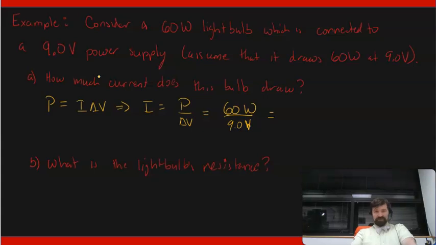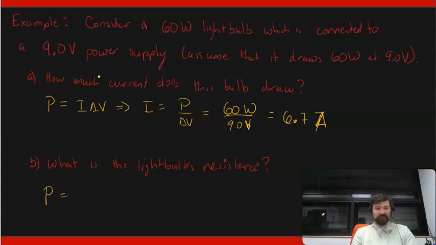So 60 divided by 9 is basically 6.6 repeating, essentially. Let's do two sig figs. We'll call it 6.7 amps of current.